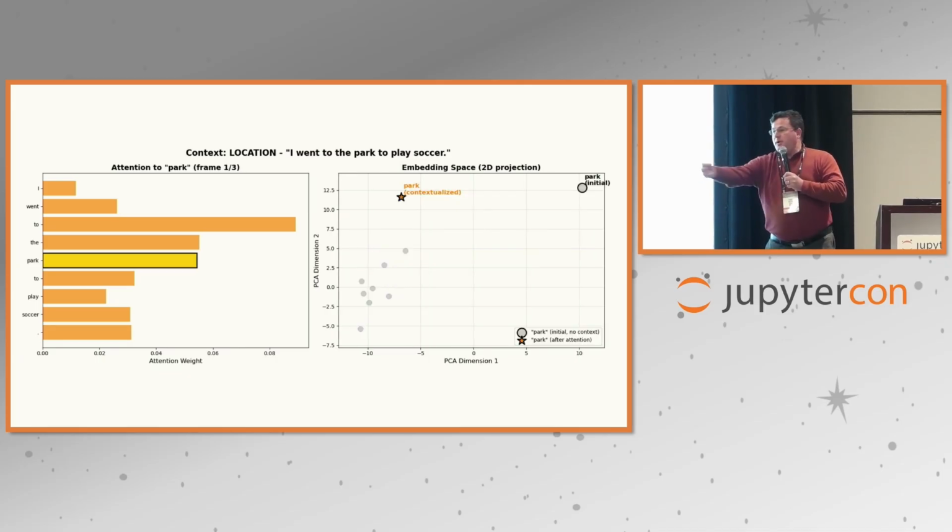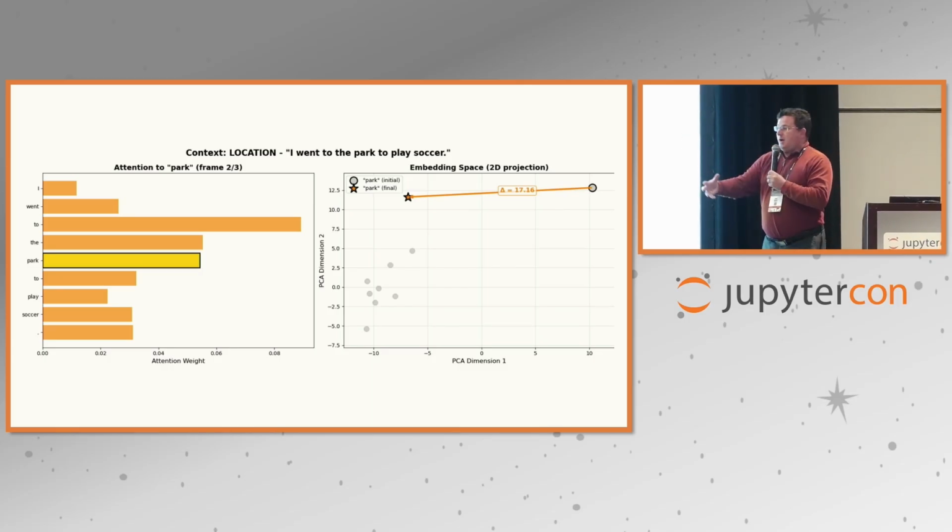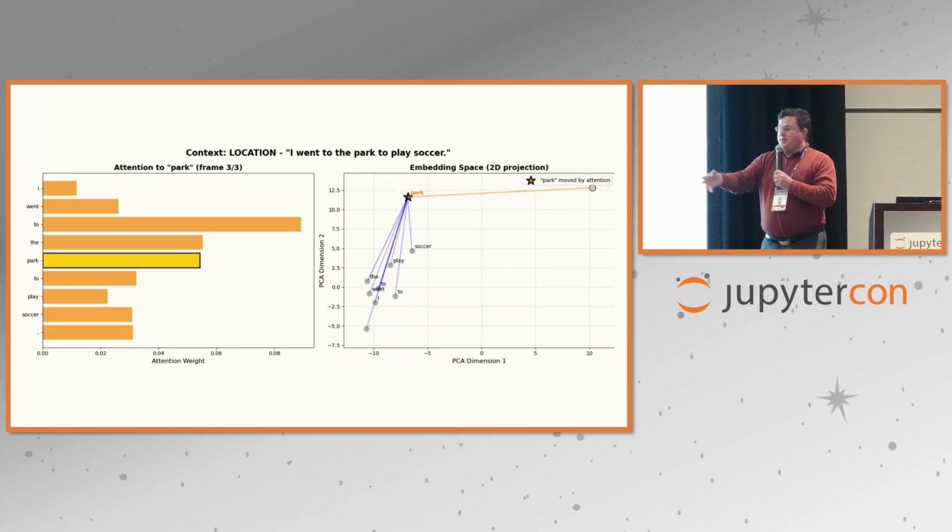They're actually pulling on you and moving you slightly in the room, slightly within the embedding space. So now you're slightly offset from the original meaning of the word park into this new version of the word park. They call this attention.